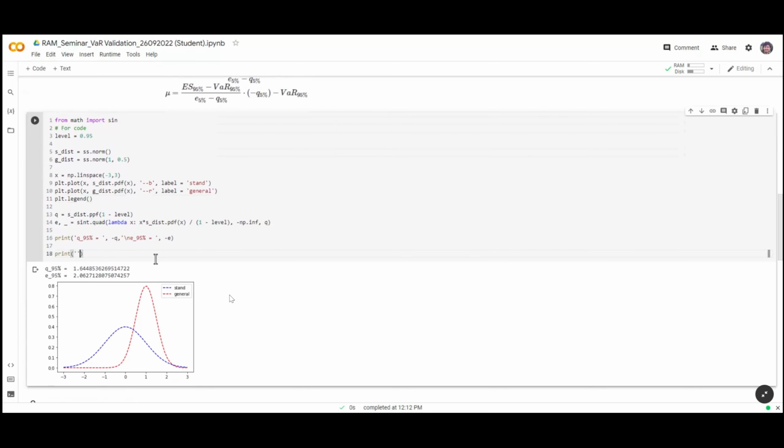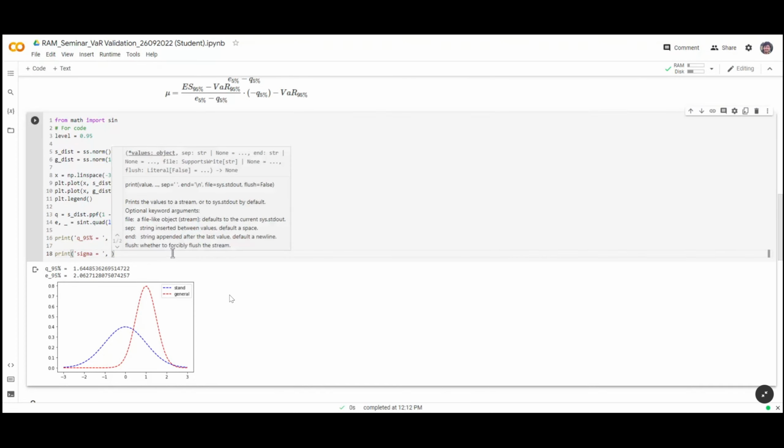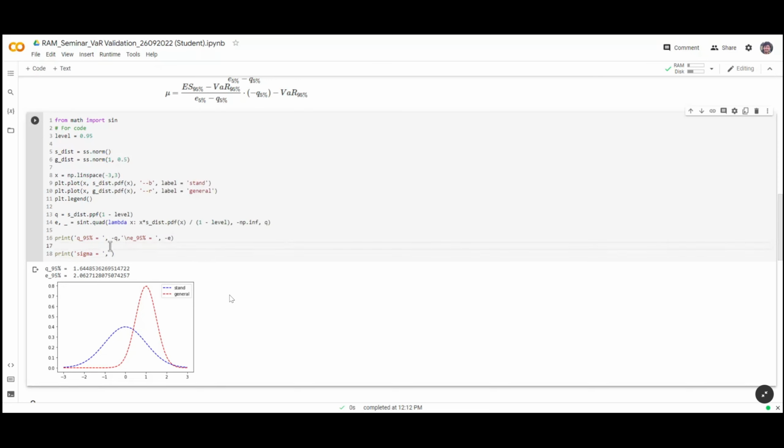So we can write sigma here. And sigma is just E minus Q divided by VAR minus, oh no, expected shortfall. No. Sorry about this. Expected shortfall minus VAR divided by expected shortfall minus VAR for a standardized distribution.